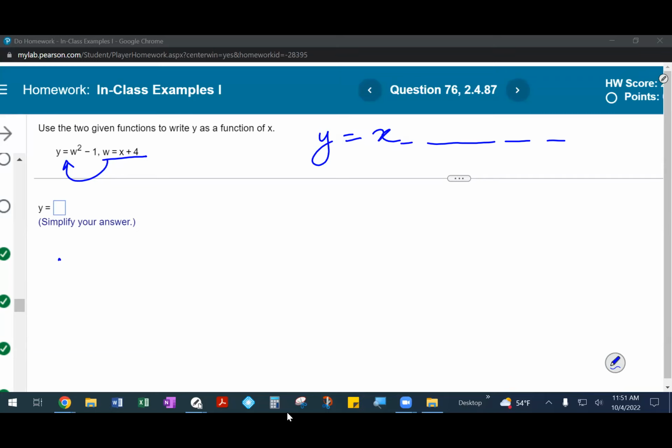Della, okay, so let's see, you have y equals, since this guy has w and this one is w, that's where the substitution will happen. So we've got w squared minus 1. This is what our y function looks like. And since we are substituting this in for the w, that means your x plus 4 will actually replace the w.